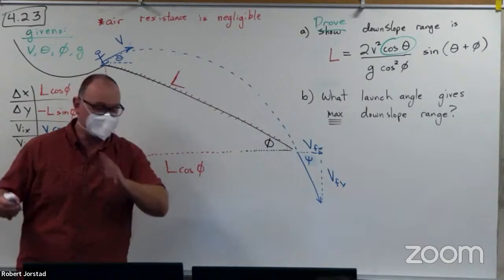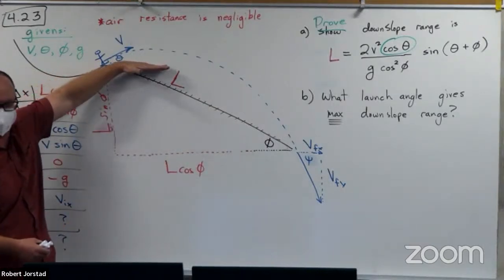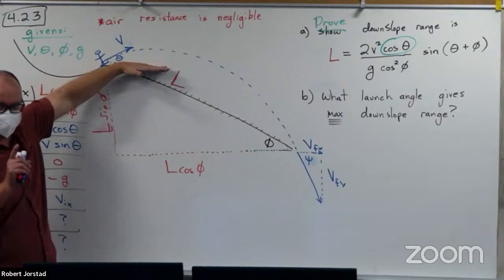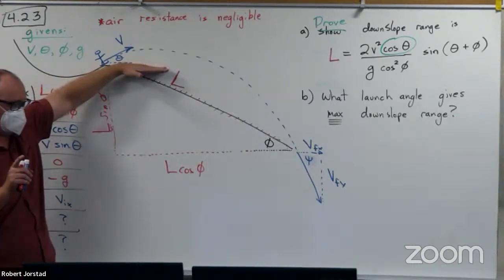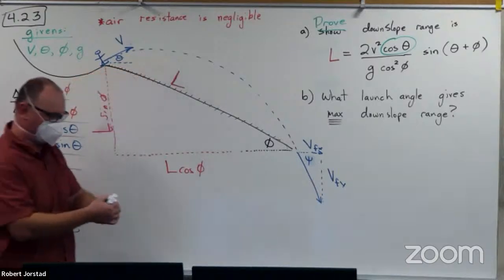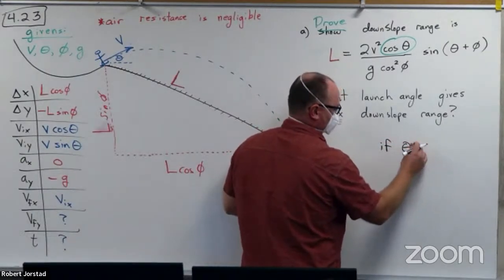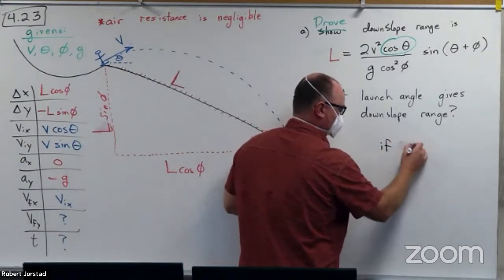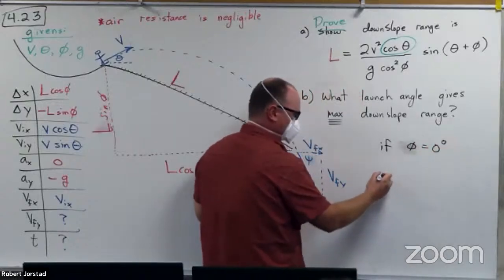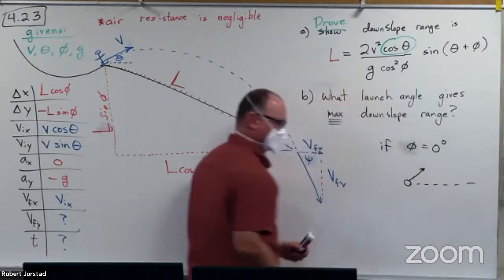Agreed? Now think, if B is 0, isn't that a level ground problem? Yeah. If B equals 0, we should get the range equation from your high school physics class. If B equals 0, that should look like you're shooting a ball across level ground.